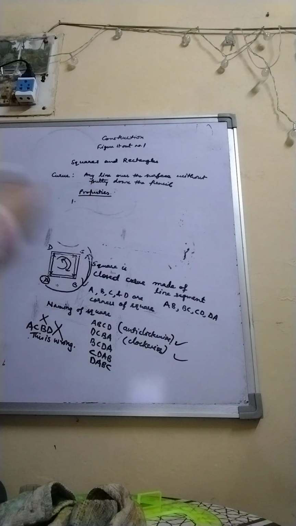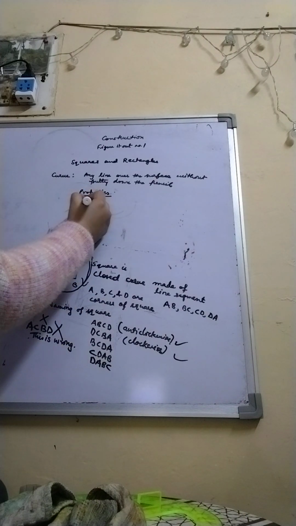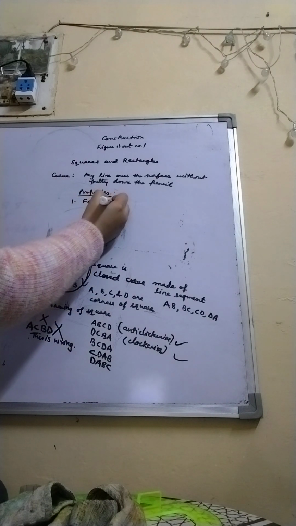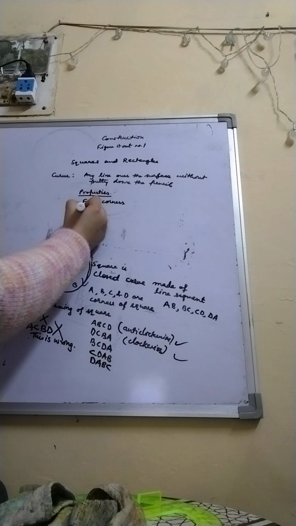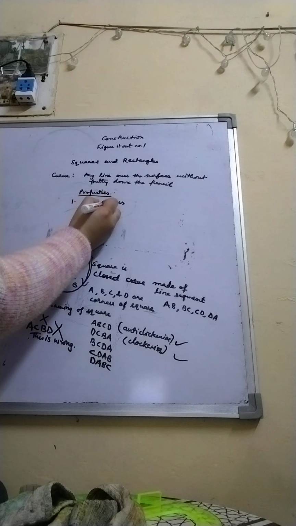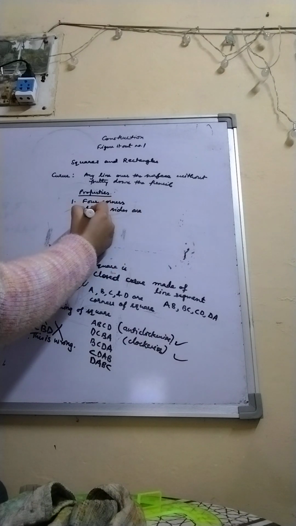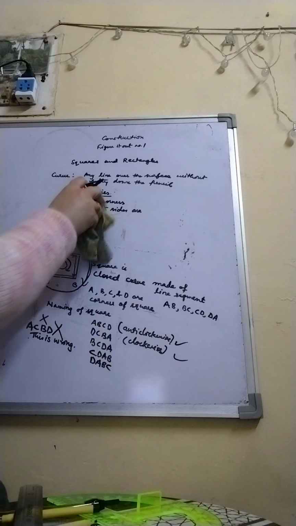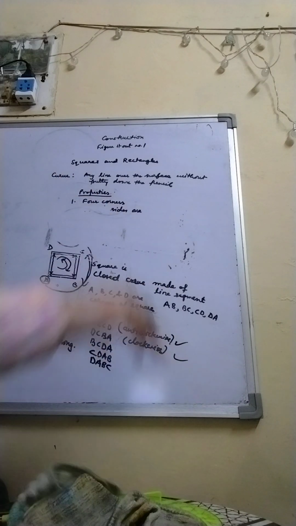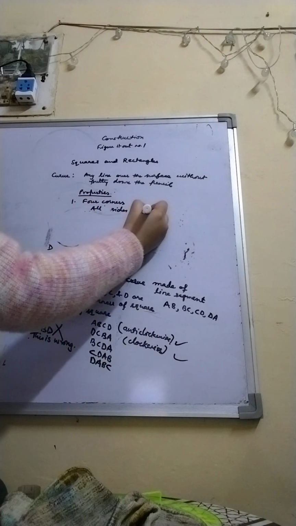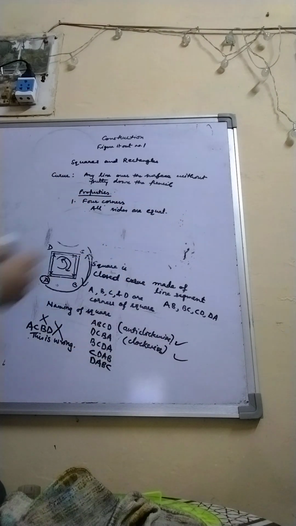Properties, just go through it. It has 4 corners. Sorry, all sides are equal. So a property of a square is that all sides are equal.